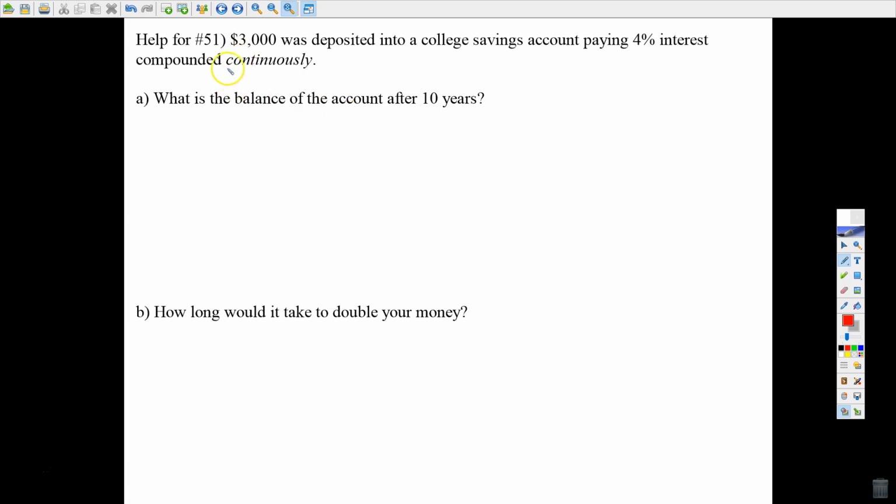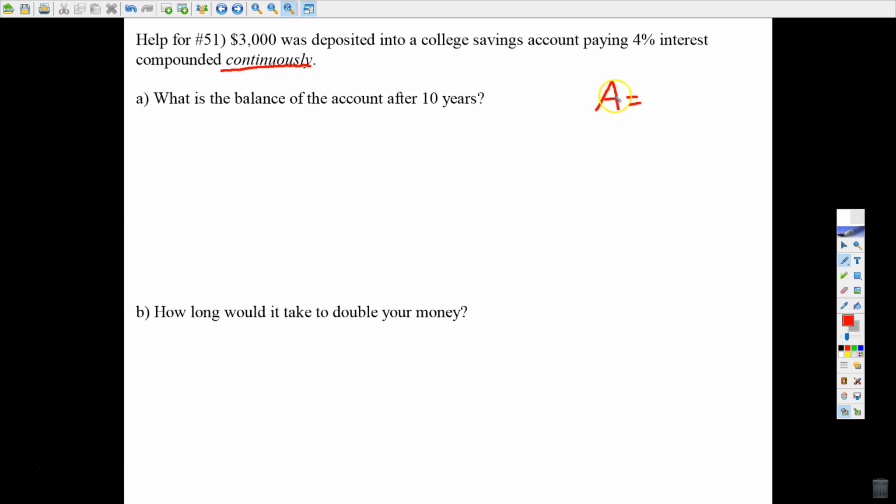Well, there's a separate formula to handle cases like this where interest is compounded what is known as continuously. And when I get through this problem, you're going to be using this particular formula in several different ways. Here's the formula. If you see the words interest is compounded continuously, it's a completely different formula than what you learned for monthly, quarterly, that big formula.